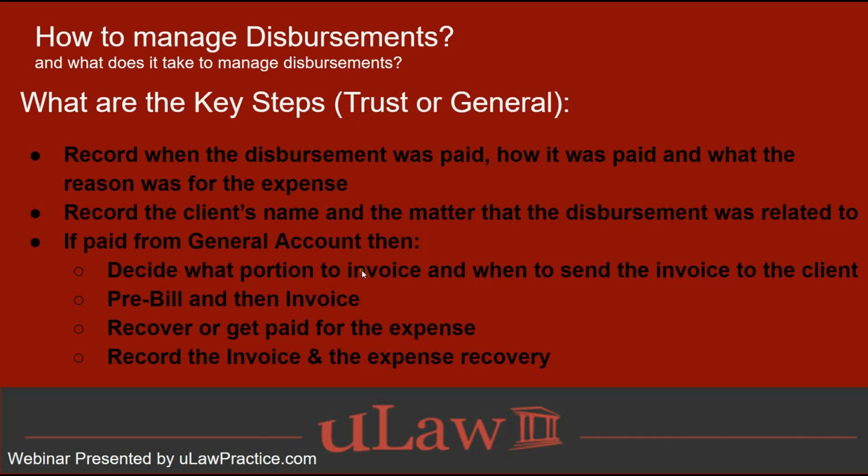So invoice, and then do that eligible trust transfer for that specific amount from the trust account to the general, which means you've actually earned the right through that invoice, earned the right to recover that disbursement from the trust money that you already have.